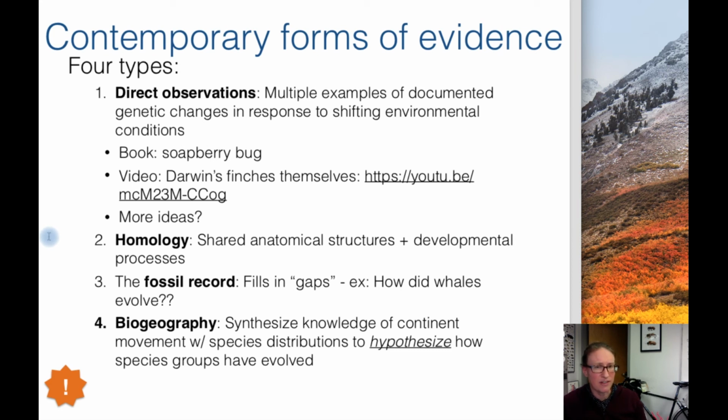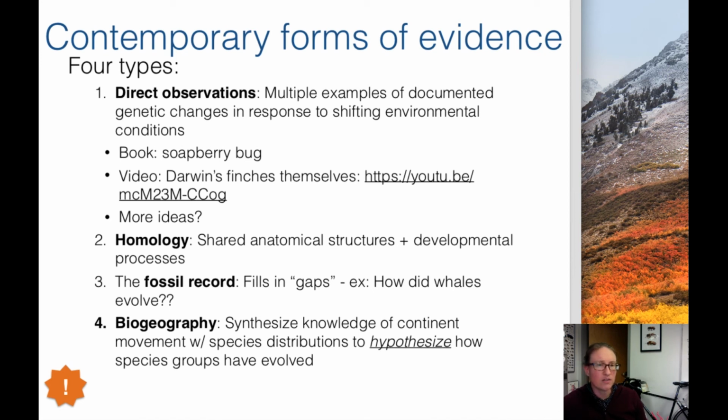So our types of evidence include things such as direct observations. So by now, there are multiple examples of documented genetic changes happening in natural populations in response to shifting environmental conditions.